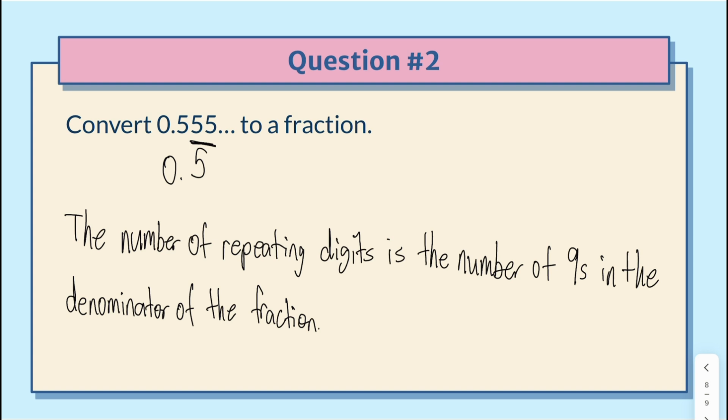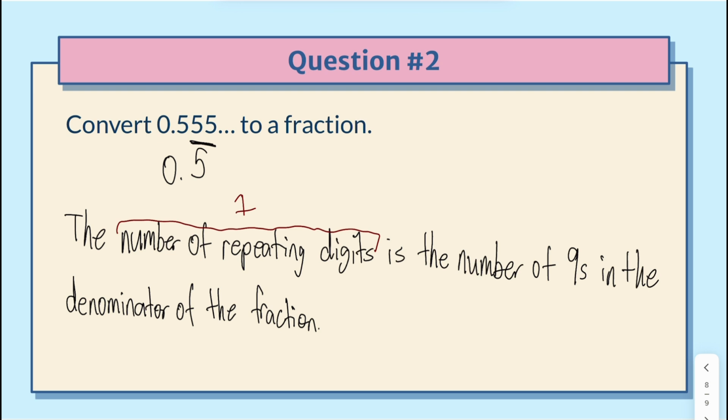So how many digits are repeating in this decimal? We can clearly see that it's only the 5. So the number of repeating digits is 1. That means the number of nines in the denominator of the fraction is 1.